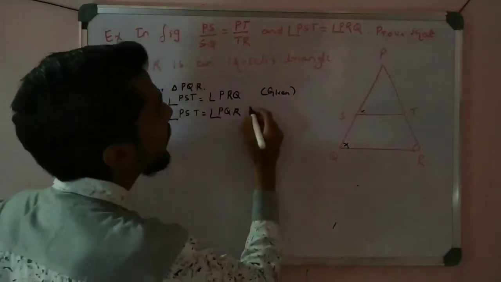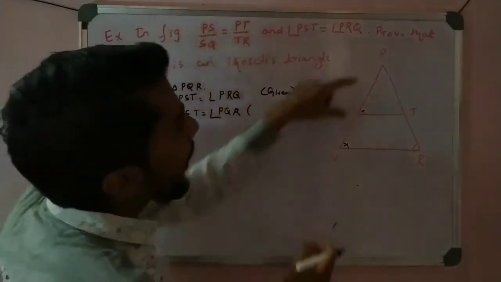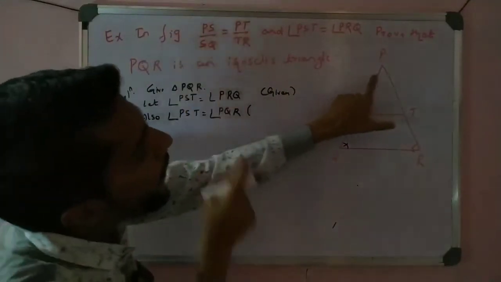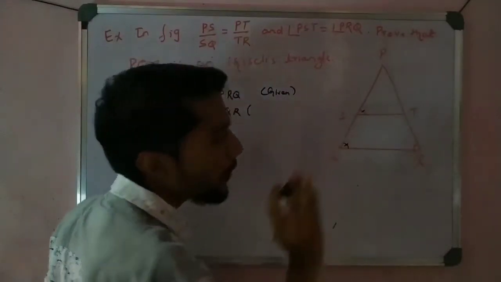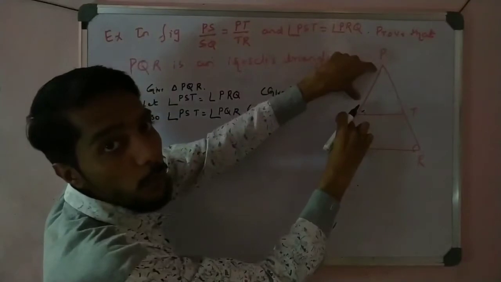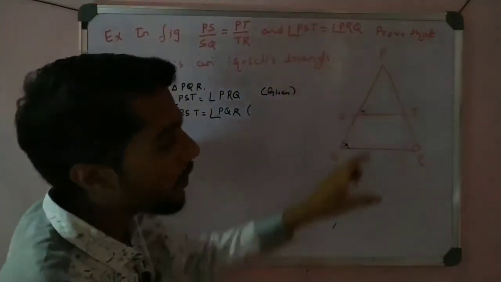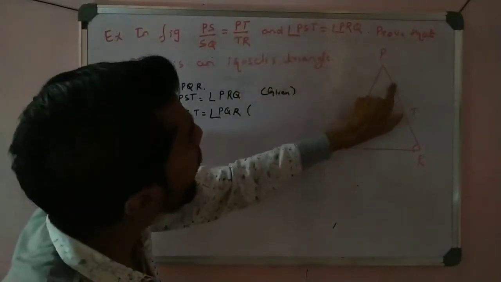Why? Because here they have given that PS is in ratio to SQ and PT is in ratio to TR, meaning this and this are parallel. When these two lines are parallel, only then they are in equal proportion. So in the figure, PS has equal ratio with SQ and PT has equal ratio with TR.